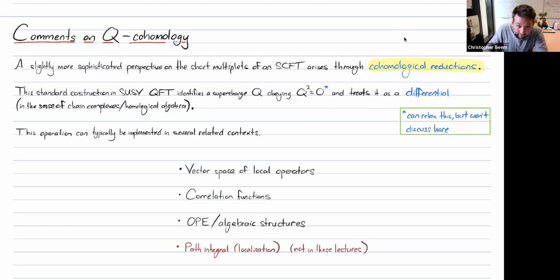And it involves identifying an element of the odd part of your superconformal algebra, so a supercharge that I'll generically call Q in this case, although it could also be an S, which squares to 0.